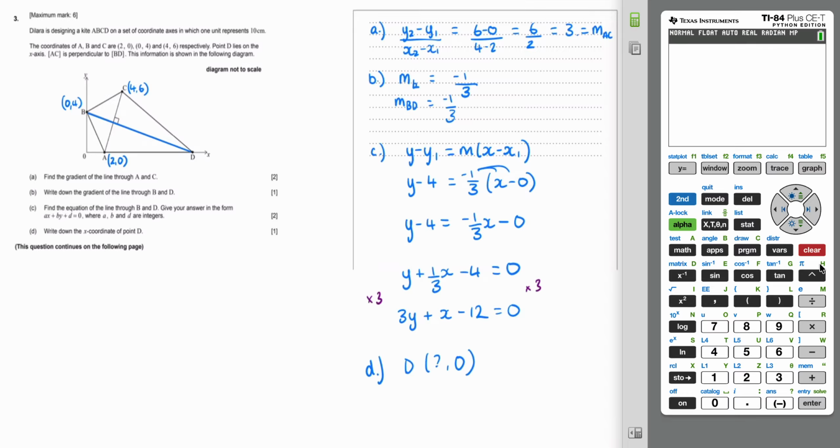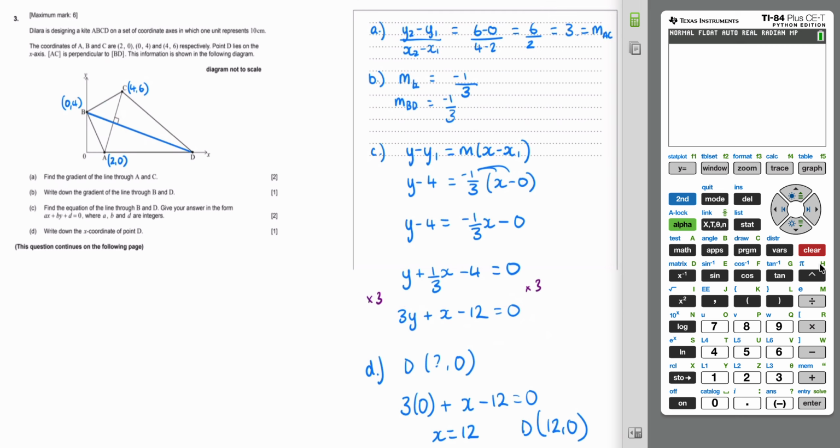In here we have 3 lots of 0, plus x, which is what I'm trying to find, minus 12 equals 0. You can type that straight into your numeric solve and find that x is equal to 12. So you've found the x coordinate, and it's 12, 0 for coordinate D.